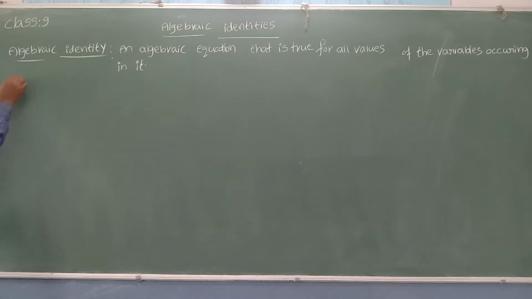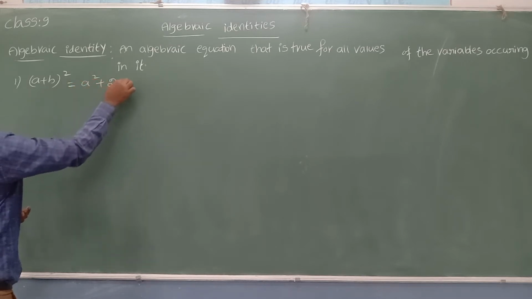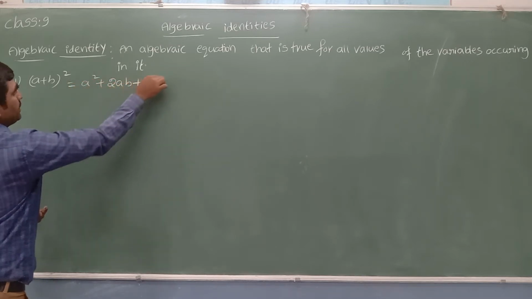In that, the first identity we learned: (a + b)² is equal to what? a² + 2ab + b². The next identity is (a - b)² = a² - 2ab + b². The third identity is a² - b² = (a + b)(a - b).